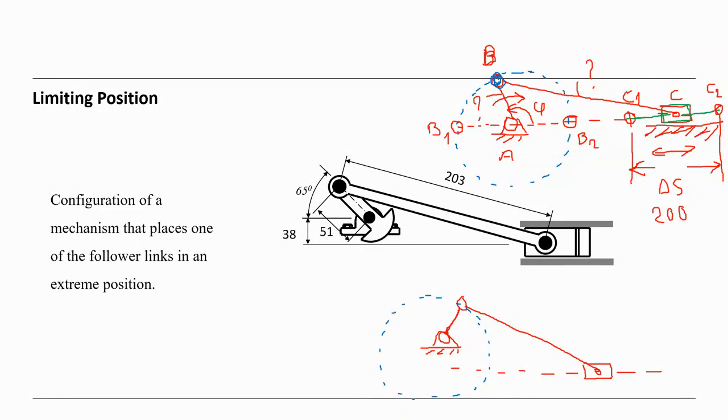So what are the limiting positions? Limiting positions are where the crank and coupler come into the same line. This is, let's say, member 2 and this member 3, and members 2 and 3 must be in the same line.